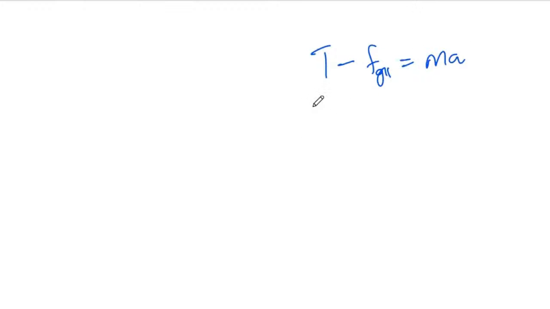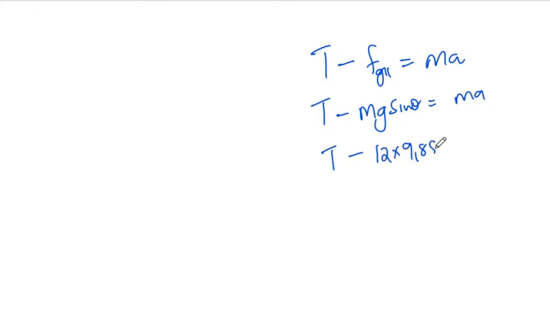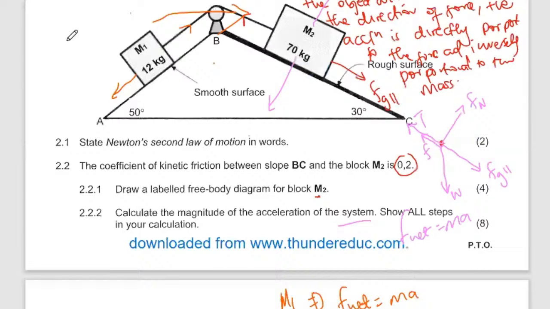We don't know the tension, but we know that FG parallel is mg sine of theta. The mass is 12 kg, so 12 times 9.8 times the sine of 50 is equal to 12A. Now that is my equation number 1.